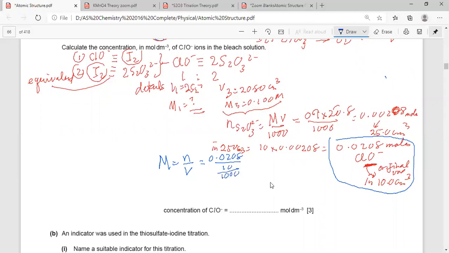Remember, you found this to be... something is wrong. Ah, 2. Why am I so stupid? 1 mole to 2. So something is funny.